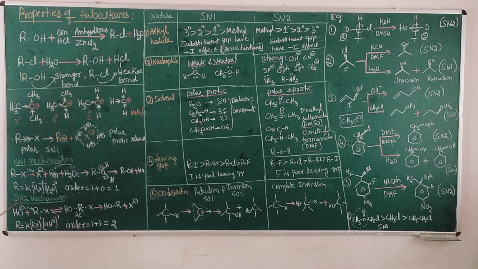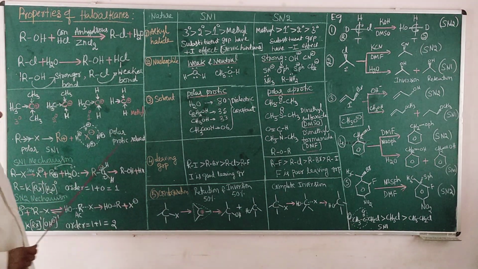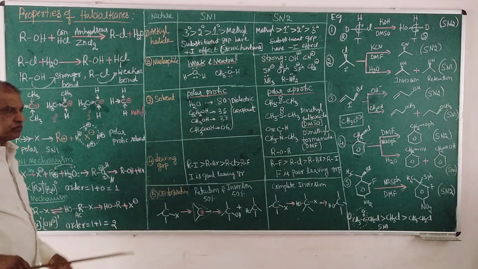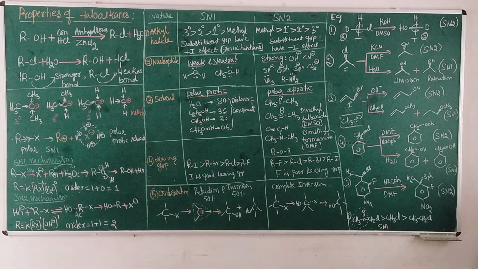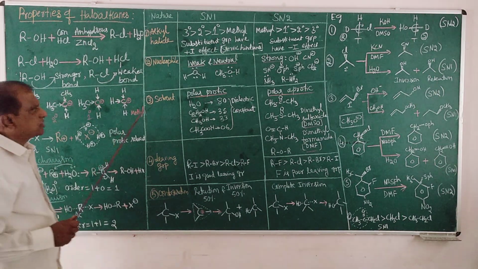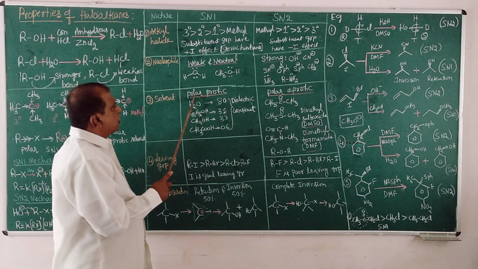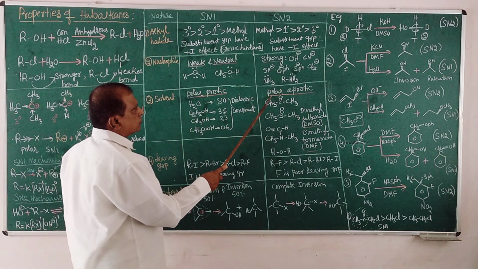You can see different types of mechanism. And the last one, very important, is the solvent, because these reactions take place in a liquid medium, in a particular solvent. There are two different types of solvents. It always requires a polar solvent.